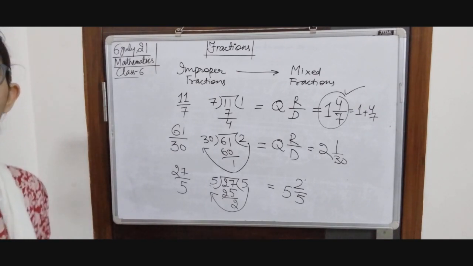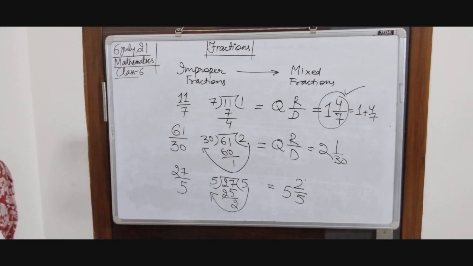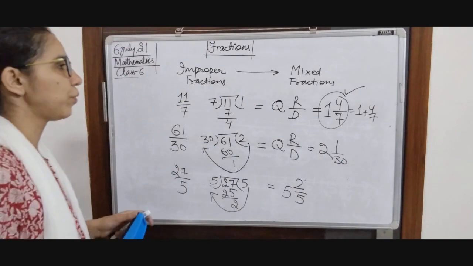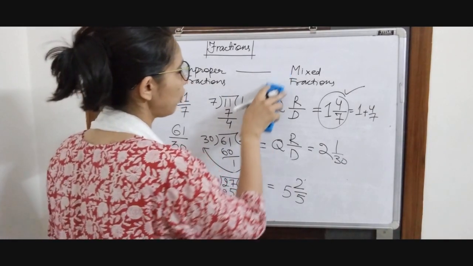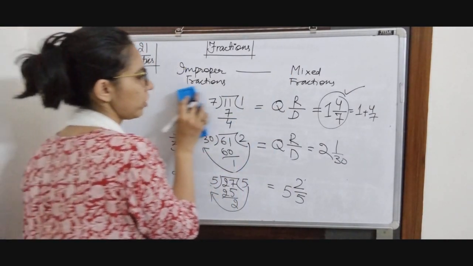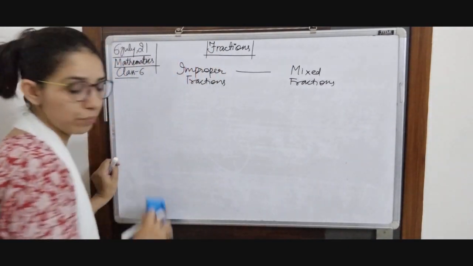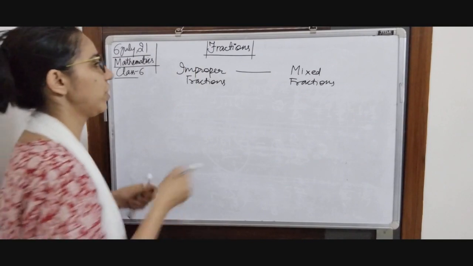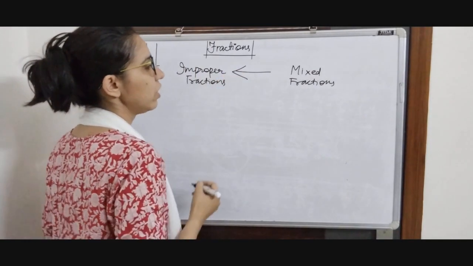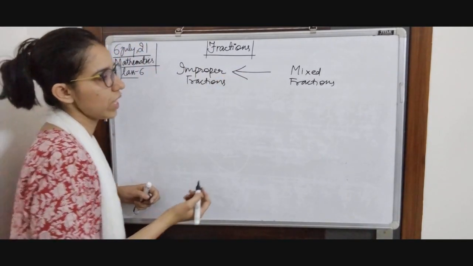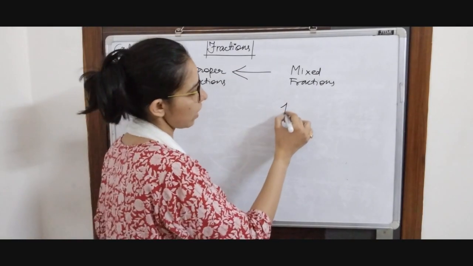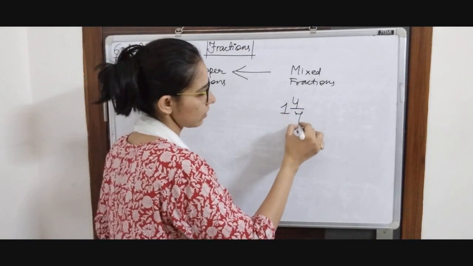Now reverse: how to change our mixed fraction into an improper fraction. Now we are going in this direction. Suppose we have 1 4 by 7.